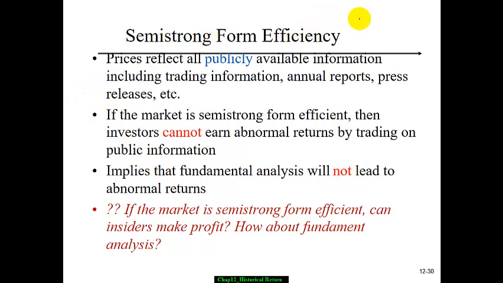Now, the second hypothesis is the semi-strong form efficiency. The security prices reflect publicly available information, announcements, annual reports, and so on. Which means if the market is in semi-strong form efficiency, it doesn't know the private information. So in this form, can insiders make profit? Insider information is private information.